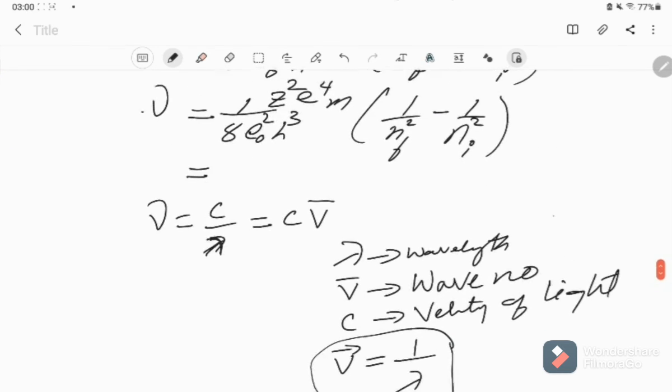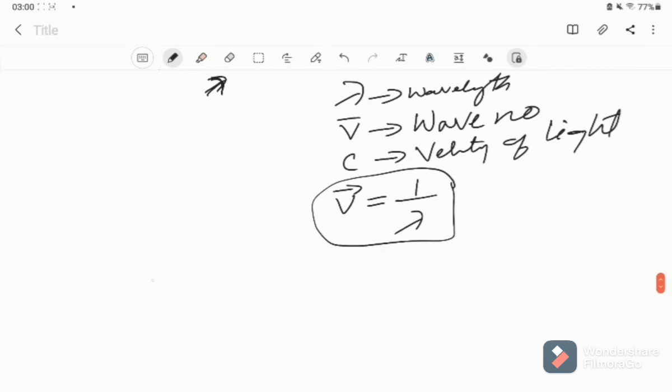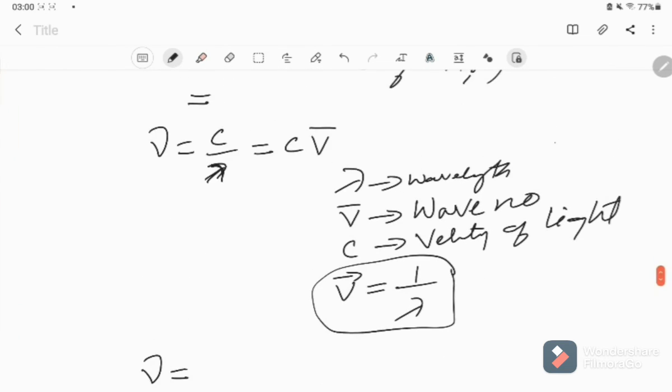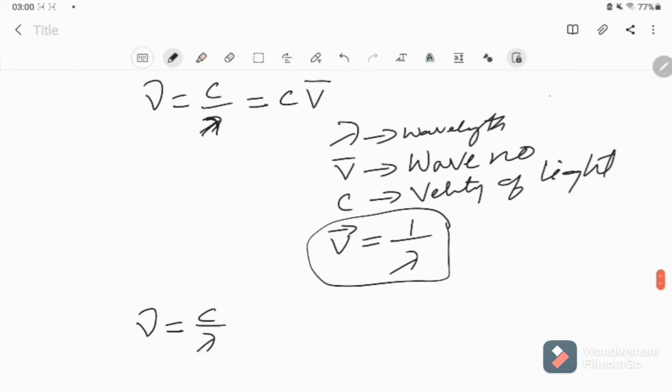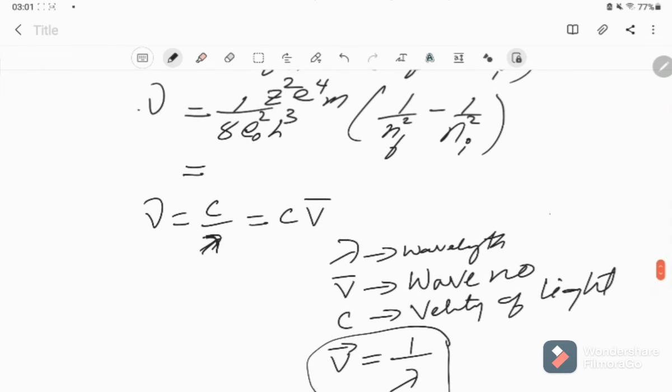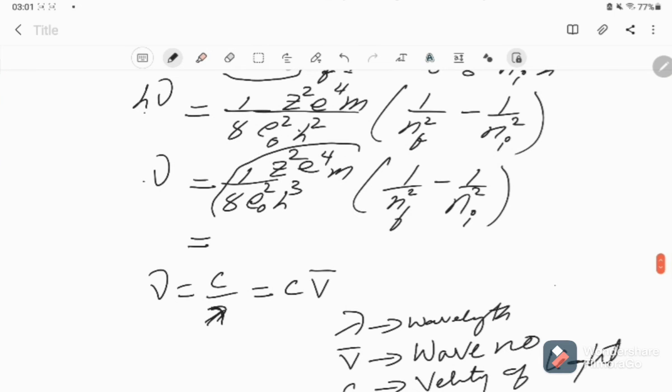So the frequency can be written as c by lambda, or c mu bar, equal to this expression, and this part is called R.